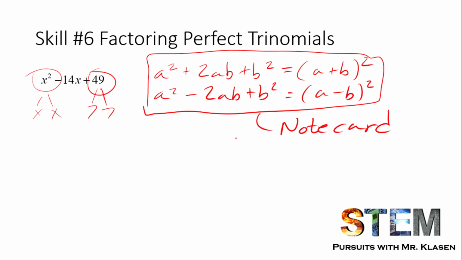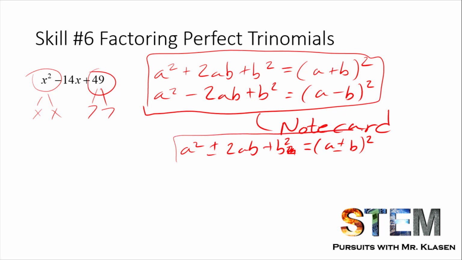Sometimes you'll see in your textbooks, and I'll write it this way, a squared plus or minus 2ab plus b squared is equal to a plus or minus b squared. So this is a situation that you can use for a note card if you want to save a little bit of space.